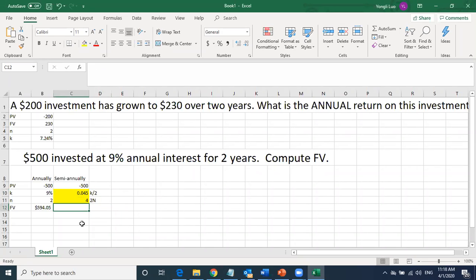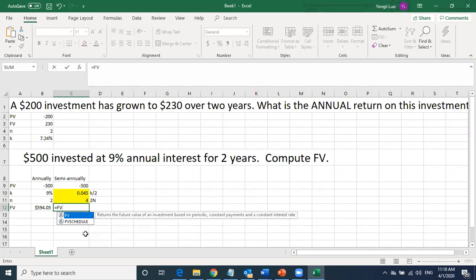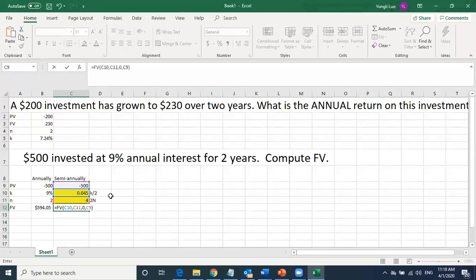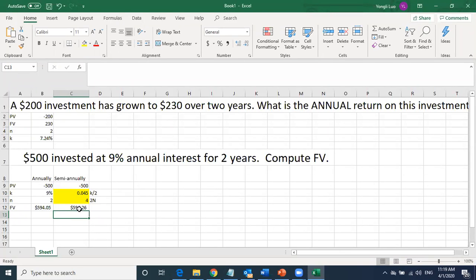Present value is the same. So what is the future value? Future value equals the rate, the total number of time periods, the payment, and the present value. When you click on that, you see this is the new future value. Any questions? Good.